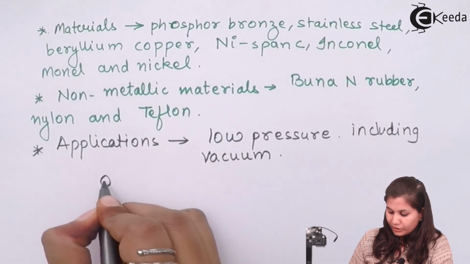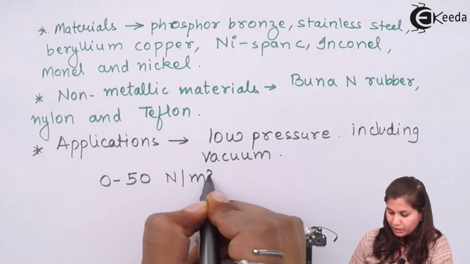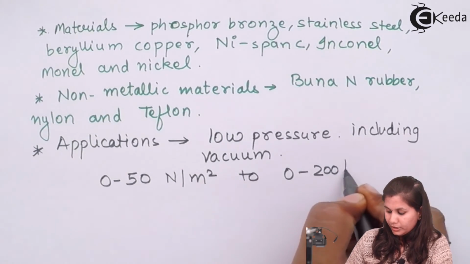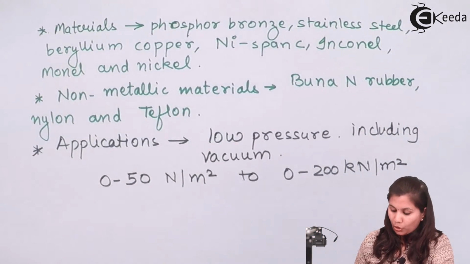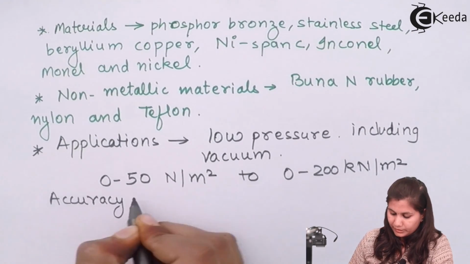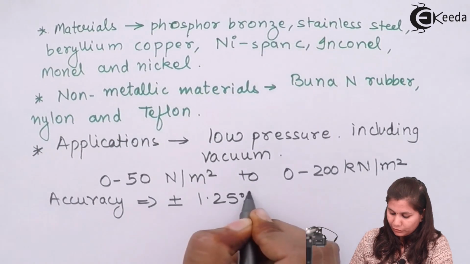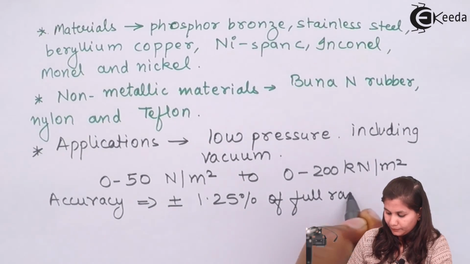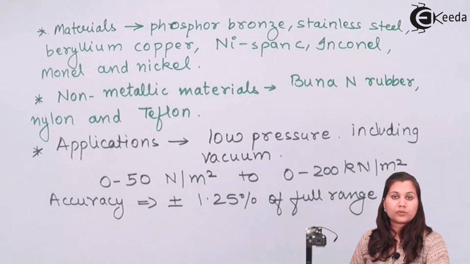The pressure range is 0 to 50 Newton per meter square to 0 to 200 kilonewton per meter square. Also the accuracy provided by the diaphragm is plus minus 1.25% of full range.